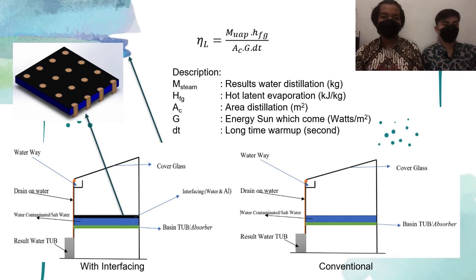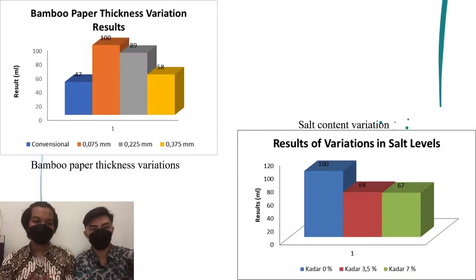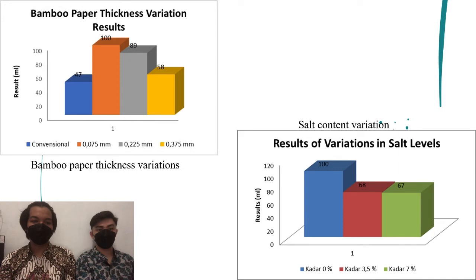From the research that has been done and with the data that has been obtained, the efficiency value of each variation can be calculated as follows. From the results of distilled water with variation in the thickness of the bamboo paper and the salt content, it can be seen that the largest water yield in the variation of bamboo paper thickness is obtained at 0.075 mm, which is 100 ml for 2 hours.